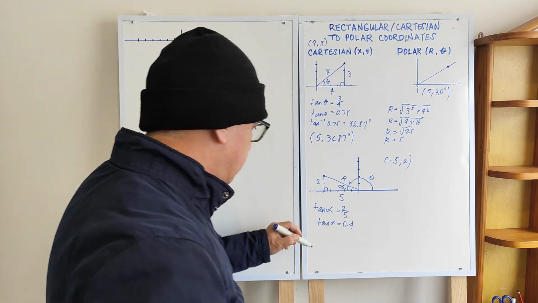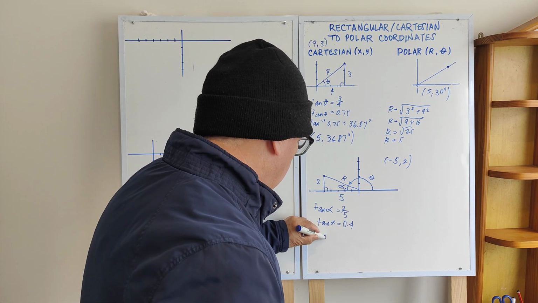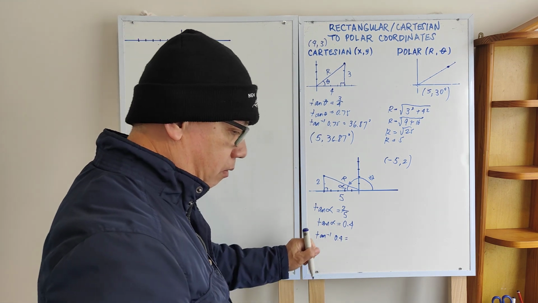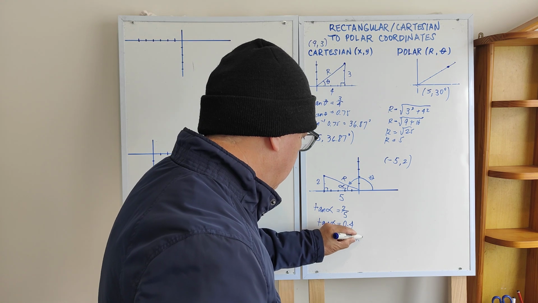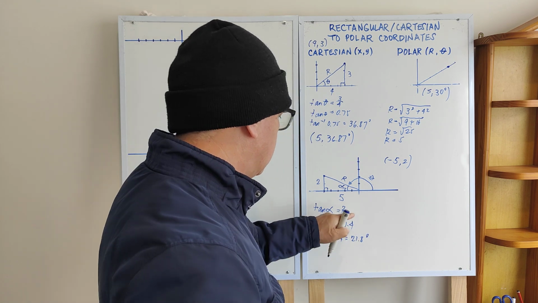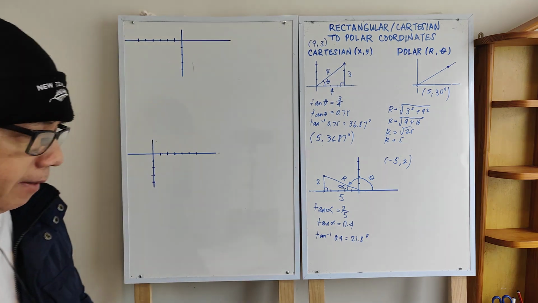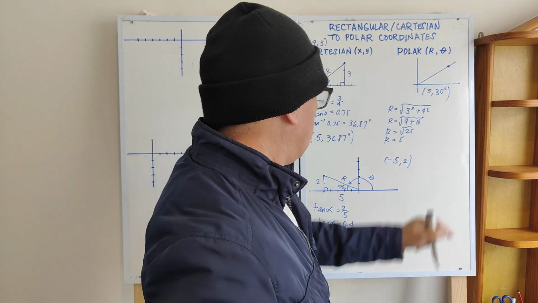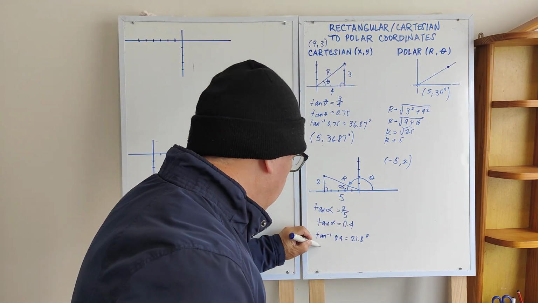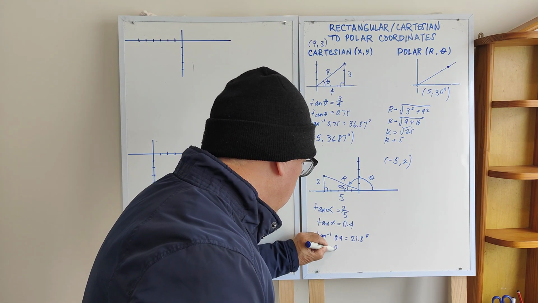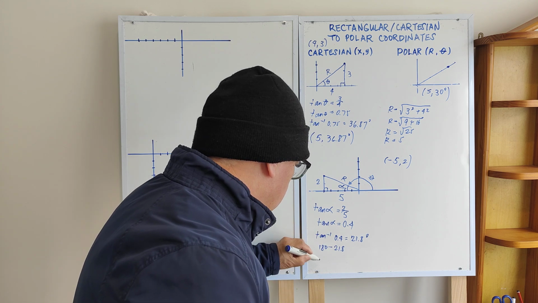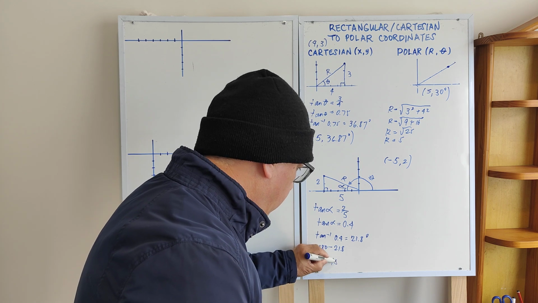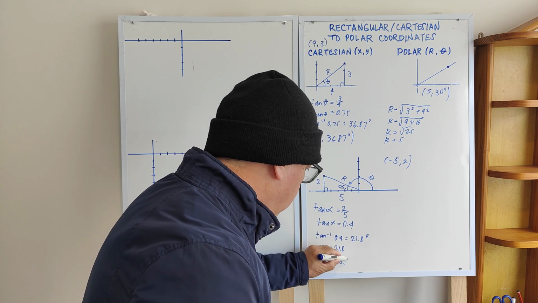The inverse tangent of 0.4 is equal to 21.8 degrees. So this is your alpha. To get your theta, the angle that we need, we have to subtract 180 minus 21.8. So your theta would be 158.2 degrees.